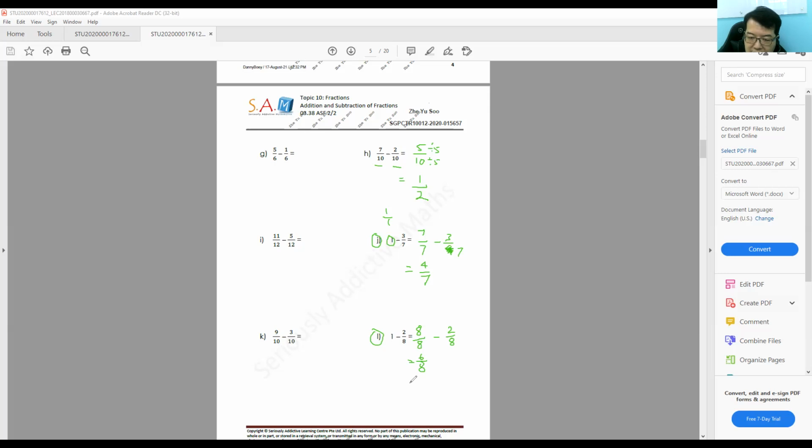Is this the simplest form? No, it is not, because you can divide by 2. And so the answer is 3 out of 4. Okay, did you get the answer correct? Okay, let's move on to the next practice.